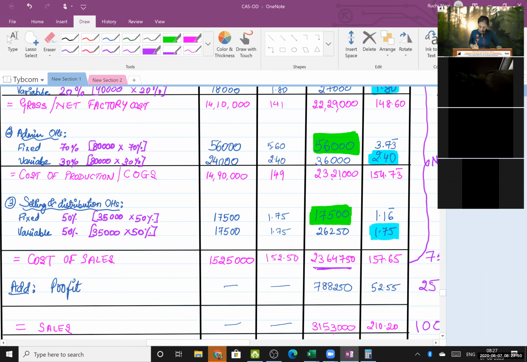See. Okay, so is it clear? The calculation is clear. If you're taking it from the per unit and there are decimals, then go up to 4 decimals for accuracy, so that when you multiply it with units, it doesn't show you the difference. Just now we checked, right? It was showing a difference of 150 rupees.